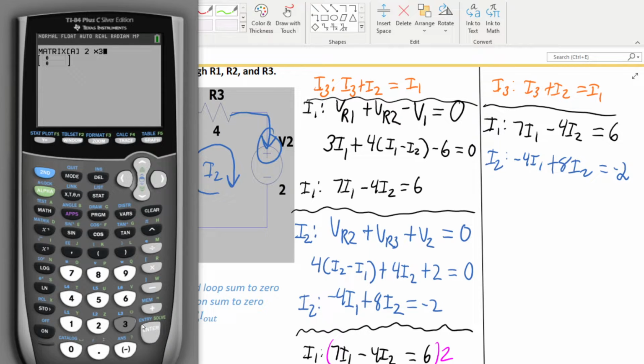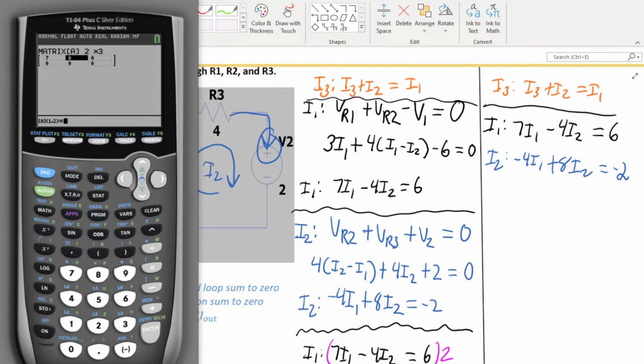So 2 by 3, 2 rows, 3 columns, and now I'm going to enter each coefficient into this matrix because I can't put variables in there. So I'm going to have a 7, then a -4, 7, enter, enter, -4, and I'm going to pause the video since it's very slow.